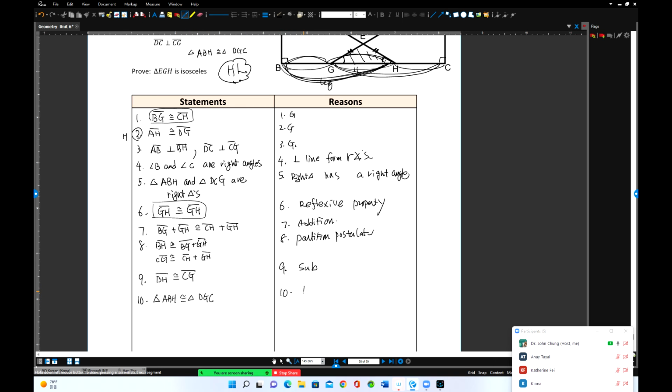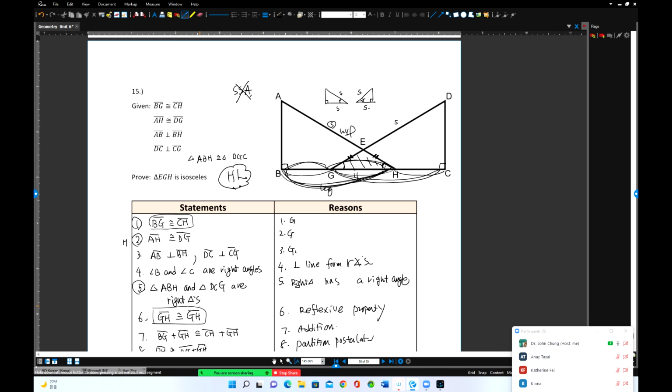The reason is HL, because of right triangle, number 5, and the hypotenuse, 1 and 5 and 9. 5 is these two triangles are right triangles. Now you can use HL, that's one.